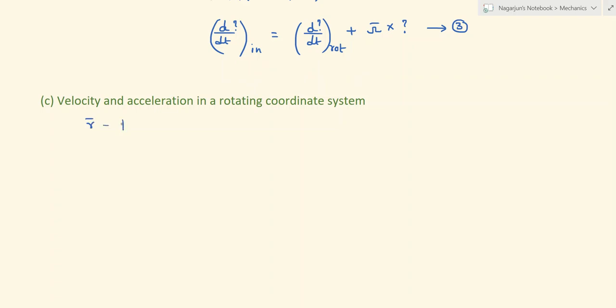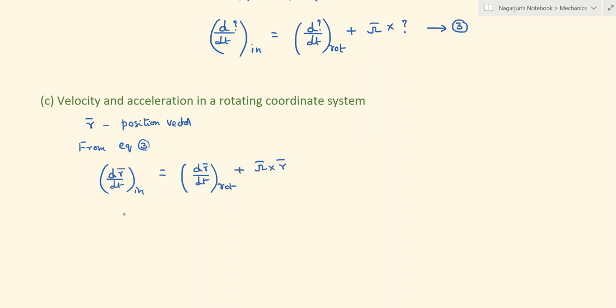So let r bar be some position vector, and now I am trying to apply that equation 3 on this vector r bar, so that from equation 3 I can express dr bar by dt with respect to inertial frame is equal to dr bar by dt with respect to rotating frame plus omega bar cross r bar.